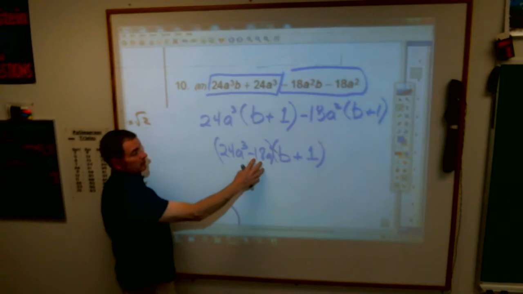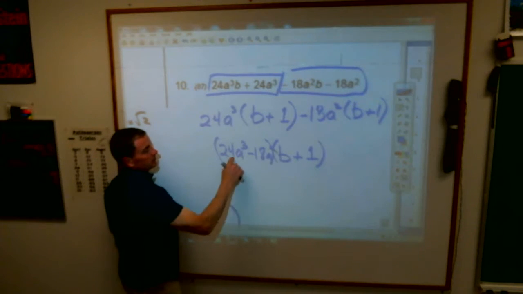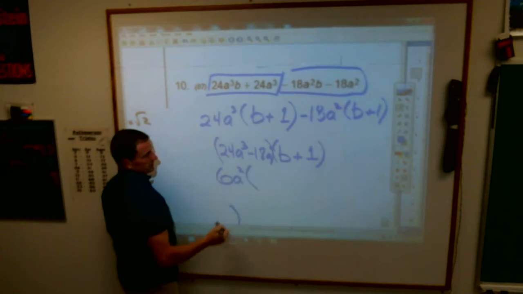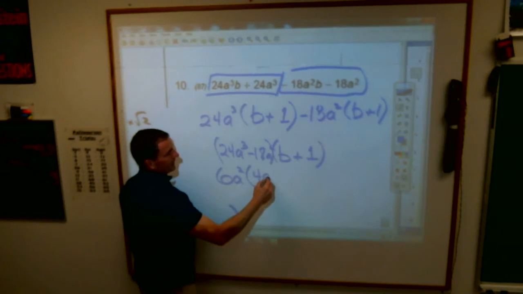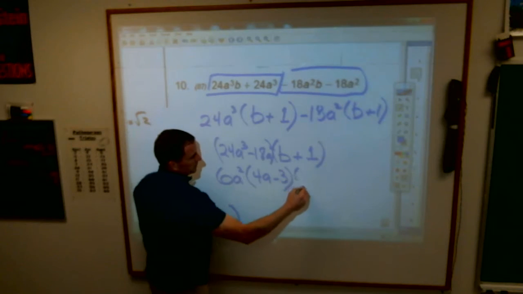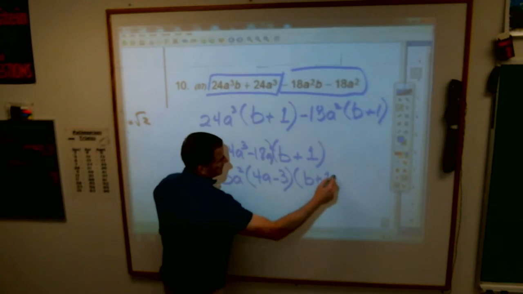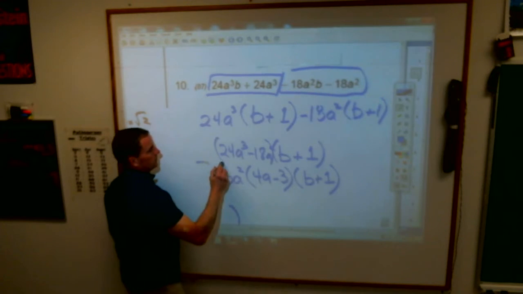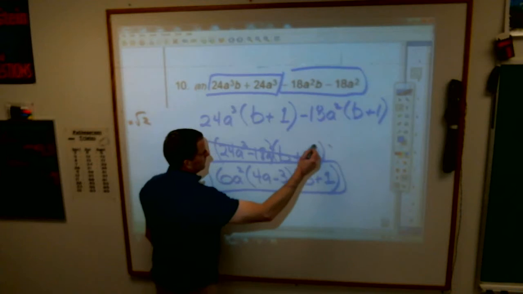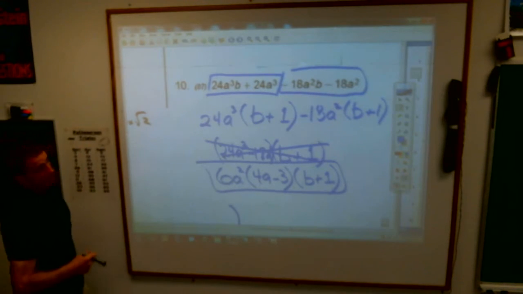So this is not factored all the way, because I can take a 6 and an a squared out of both of those. So I put my 6a squared here. I end up with 4a minus 3, and the b plus 1 just stays as it is. And this would be factored all the way. This would not have been. It is factored somewhat, but not all the way.